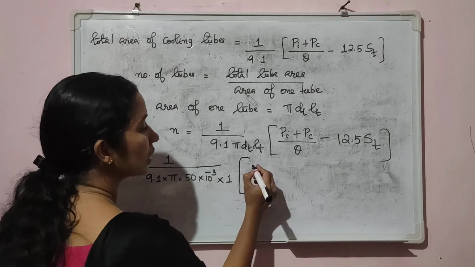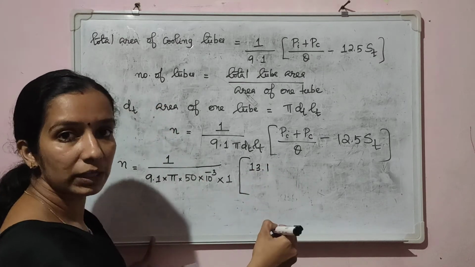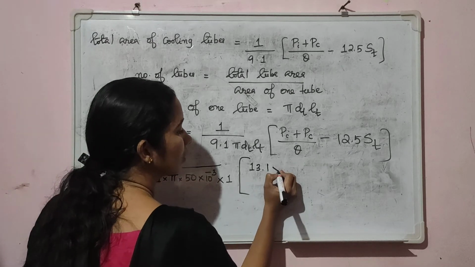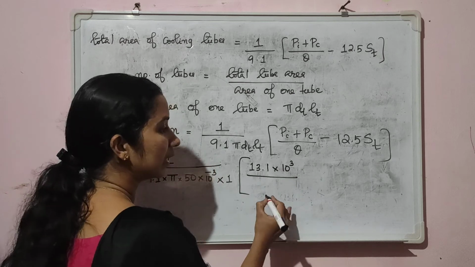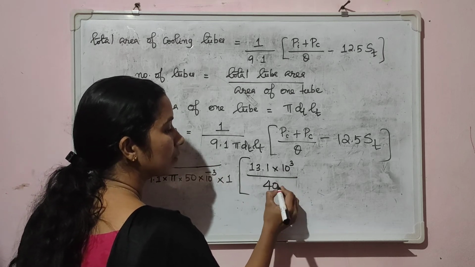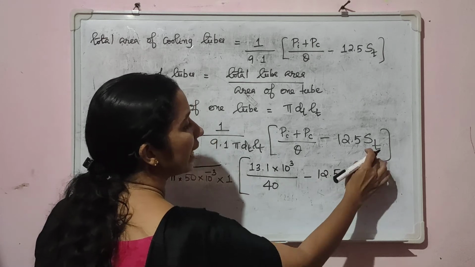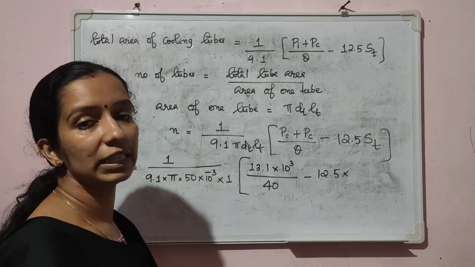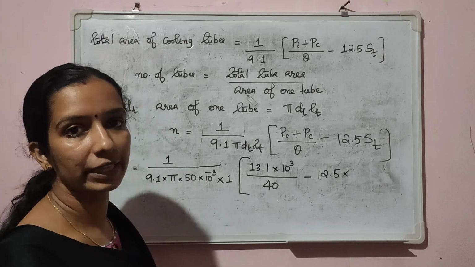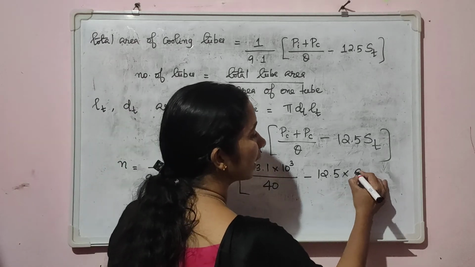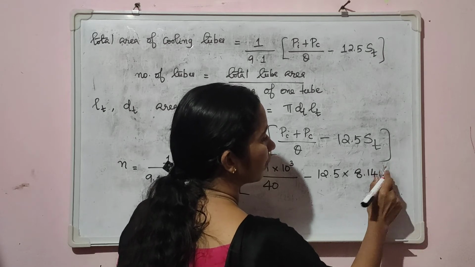The total loss is given as 13.1 kilowatt. Convert kilowatts into watts. So 13.1 into 10 raised to 3 divided by theta. Temperature rise is given as 40, minus 12.5 into St. So we have calculated the total heat dissipating surface area of the tank, and we have got it as 8.14 meters square.